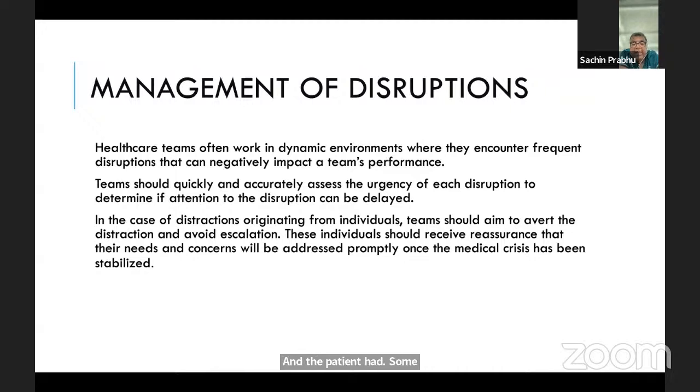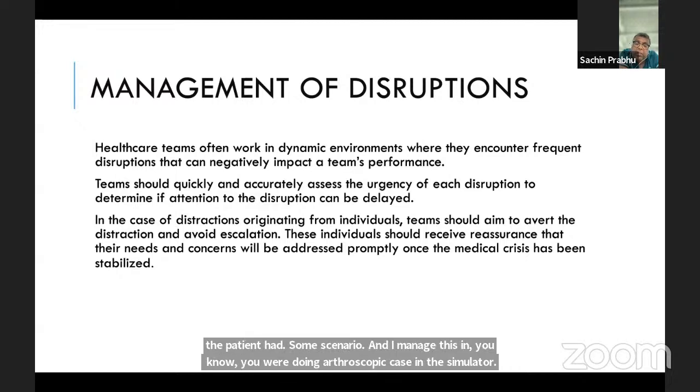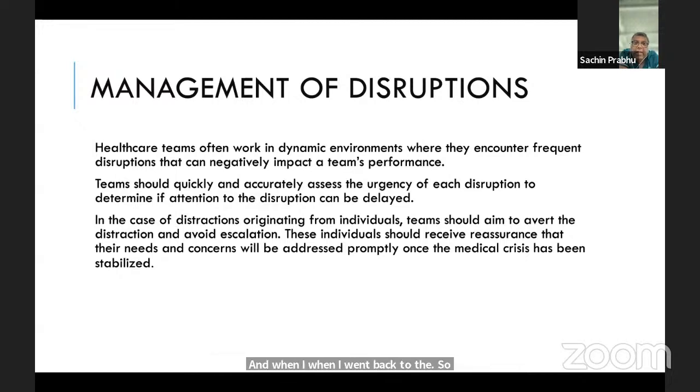We were doing an arthroscopic case in the simulator, and when I went back for the debrief, I realized that I had not put the lights on in theater. So basically, I ran the whole scenario in pitch darkness, with the monitor light. What I learned there was, when there's a crisis, get the lights on. These are the small things where you don't realize how they could be helpful. So next slide, please.